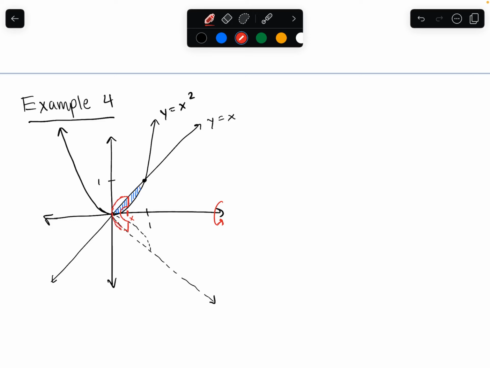But you actually get this disk with a hole in it, otherwise known as a washer.